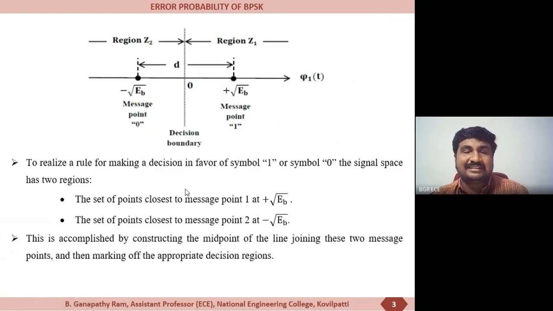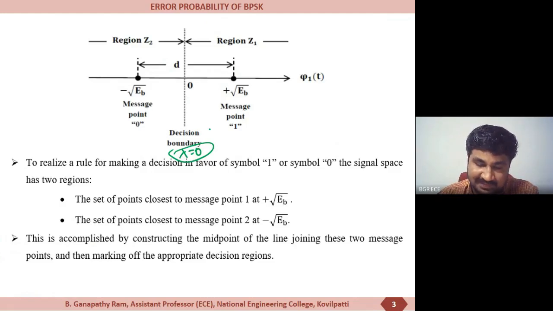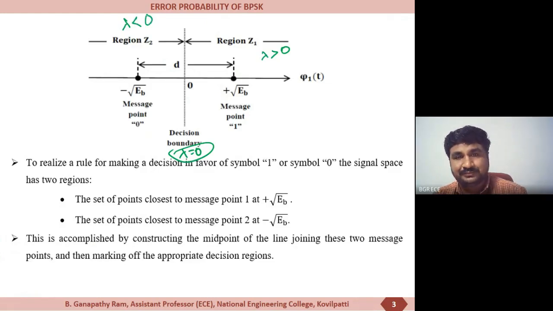So to realize this decision making process in the presence of additive white Gaussian noise for correct detection, we can determine the decision rule for symbol 1 and symbol 0. The decision space is split into two regions based on the threshold value, that is lambda equal to 0. By considering the region Z1 where R is greater than 0, and the region Z2 where R is less than 0.